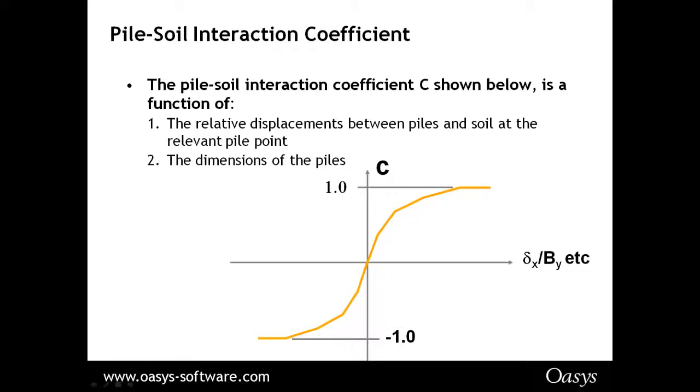Now, there are a number of guides out there giving suggested values or formulas for these, and you can include these, or you can input these coefficient results into GSA.